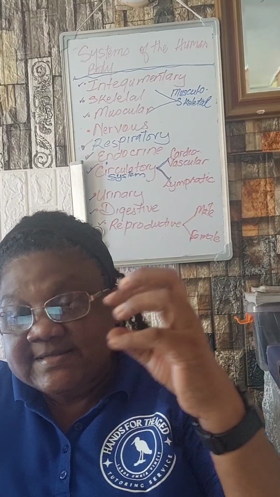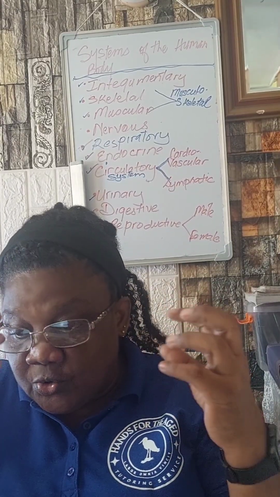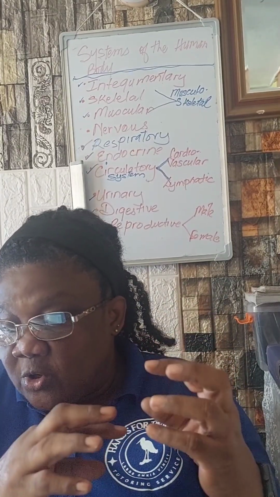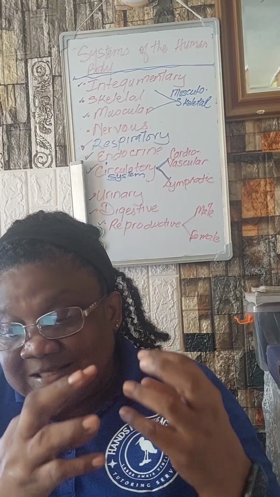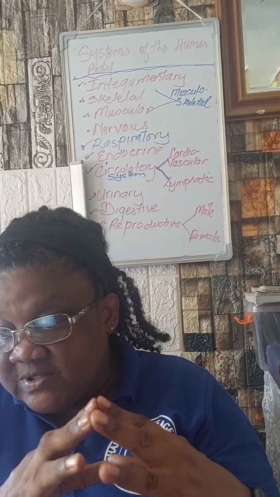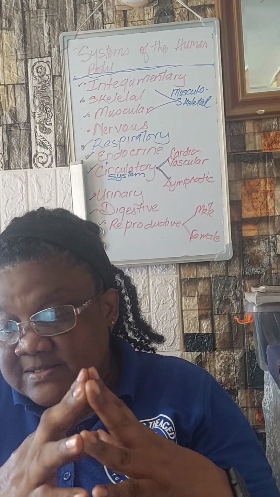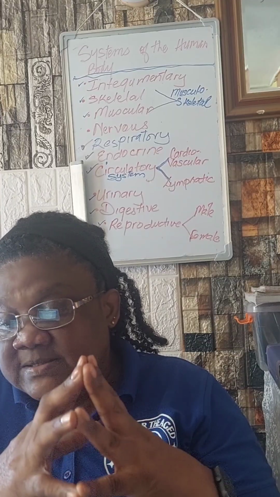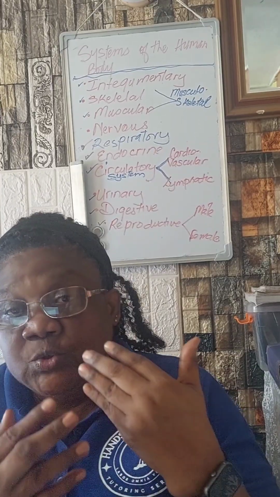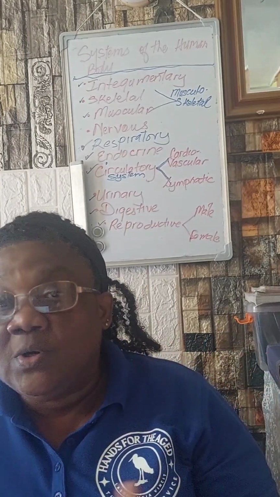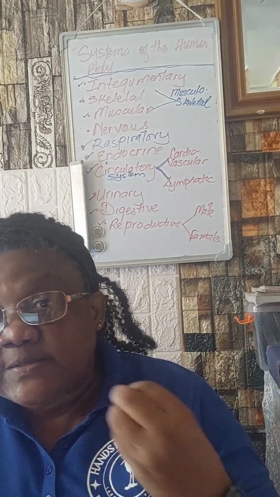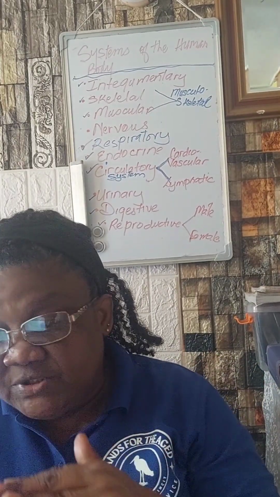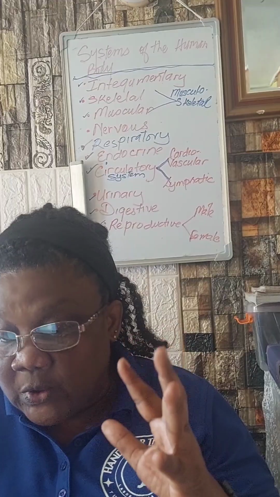Processes and projections, or outgrowths, help to form joints or serve as attachment points for connective tissues, such as ligaments and tendons. So you should do further reading. Go to Google, to further notes and textbooks, and read up on depressions and openings, processes, projections, and outgrowths.